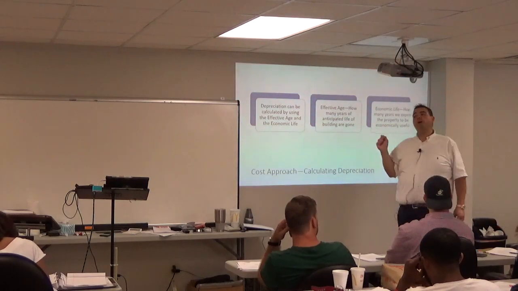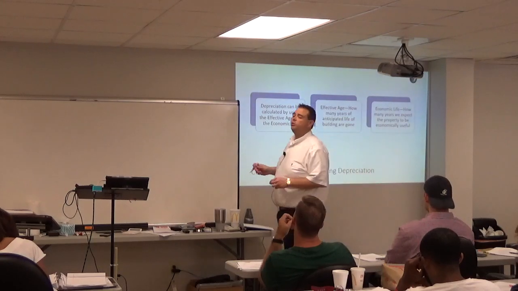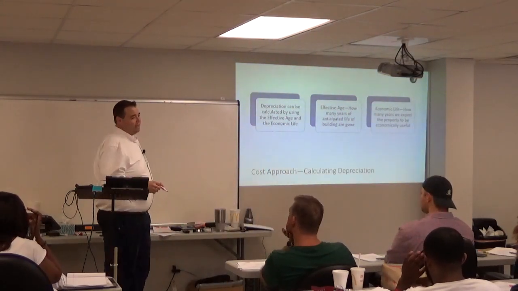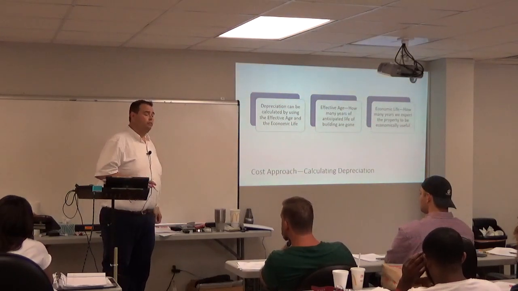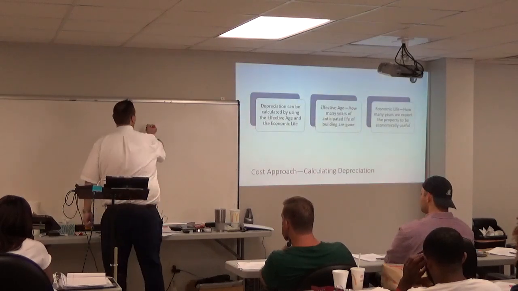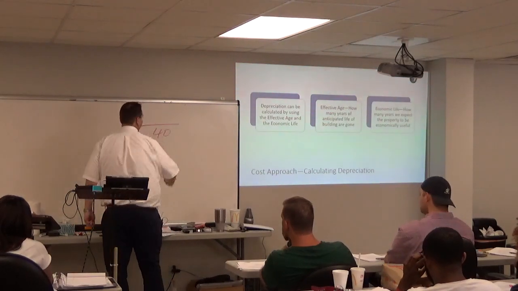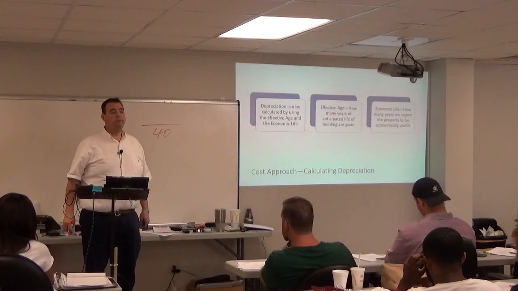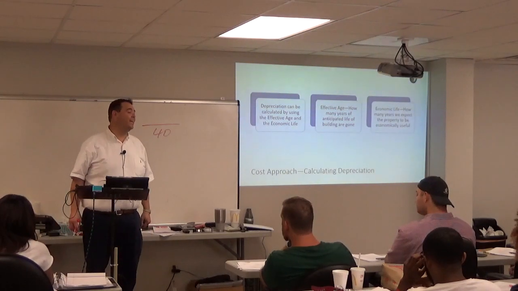And so, the way you do this as a math problem is just to write it as a fraction. And I know we don't like fractions, but I promise it's not that bad. You're going to put the economic lifespan on the bottom of your fraction. So if it has a 40-year economic lifespan, you're just going to write 40 on the bottom. What do you think you're going to put on the top? The effective age.